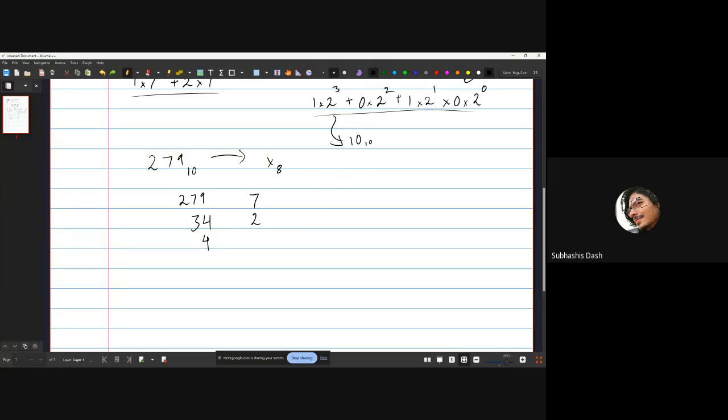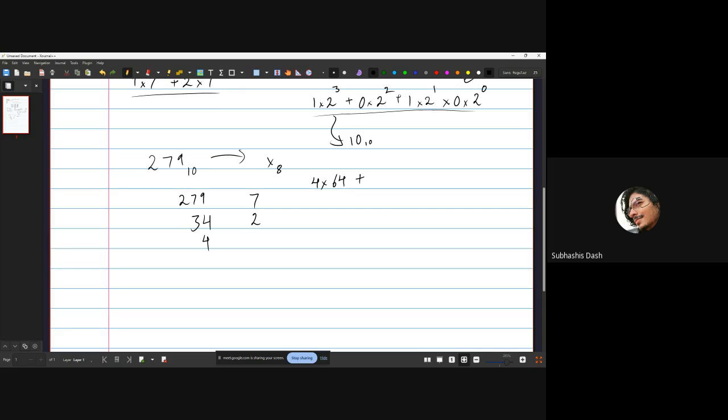Okay, no. So it's 64 only. 8 to the power 3 is way too big. So we can divide this by 64. So 256 we are getting. So 4 into 64 plus 256 minus this is 23.